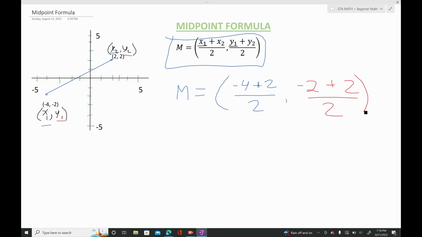So I'm going to just explain it again. In a Cartesian plane, your coordinates are like this: x, y. Our x value is in blue. Our y value is in red. So these are y values.